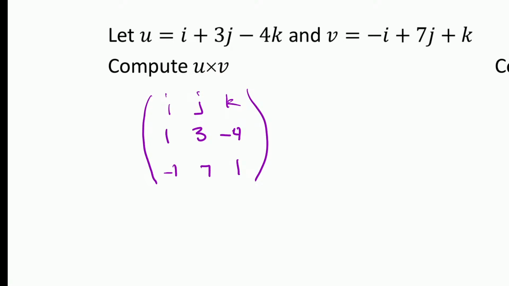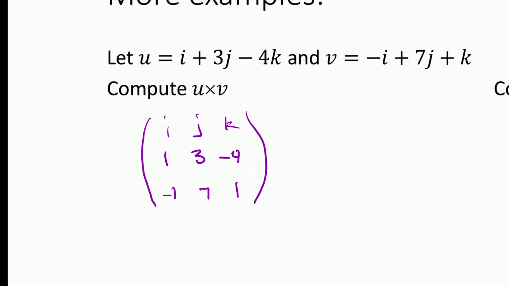So one mistake that some students make is when they get down here to this matrix, they'll put i, j, and k in the matrix, but those i, j, and k are just placeholders. They're just there in place of writing this in component notation. So instead of 1, 3, -4, you have i, j, and k.